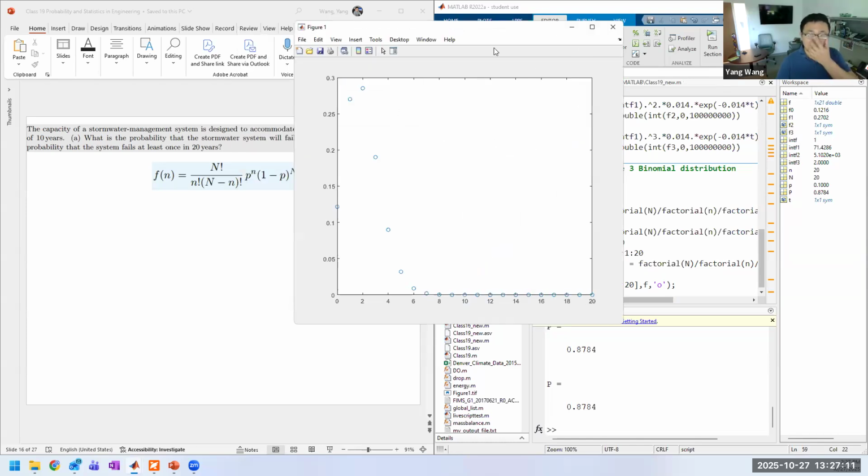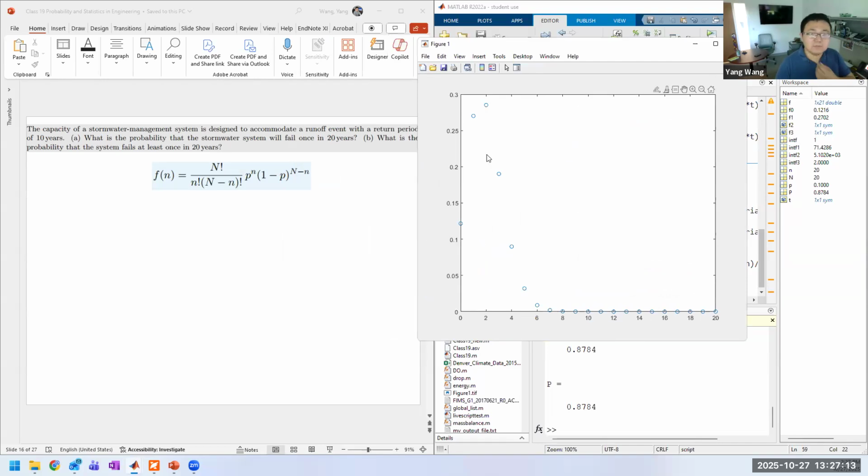So you can see that on average, the number of times the system will fail is at its peak when it fails 2 times, which sort of makes sense, right? So with a return period of 10 years, it means that every year it has a 10% chance of failing, right? So over 20 years, the highest probability is going to be the system failing 2 times.